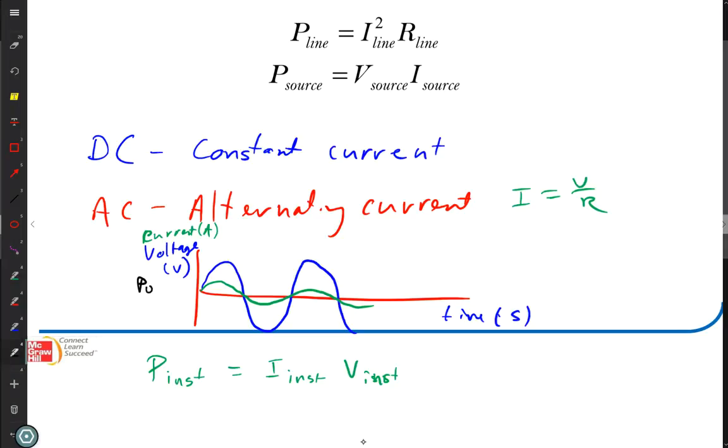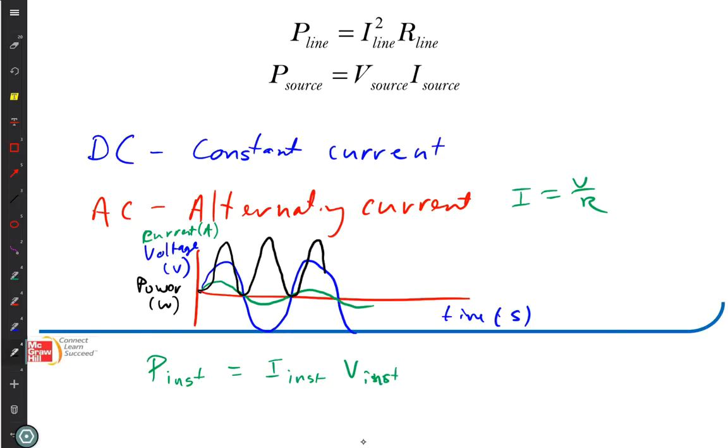So if we plot the power, so the power in watts, the power is going to go, okay, very nice drawing there. Those are supposed to be all the same height. And it's a sine wave that's shifted, so the minimum is zero, and then it goes up higher.